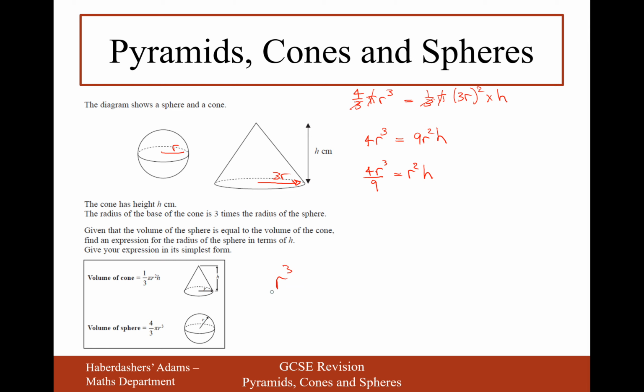So r cubed divided by r squared is r times r times r divided by r times r. If we cancel out 2 r's from the top and the bottom, then r cubed divided by r squared is just an r, so it's going to be 4r over 9 equals h, and there we are, h equals 4r over 9.